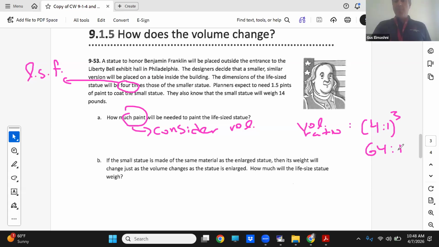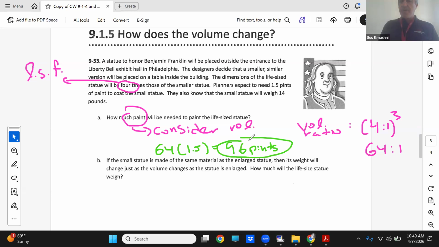So what do you do? What are you going to compute? 64 times 1.5, which should be 96. So you need so much more paint compared to the small statue because all the dimensions are increasing fourfold, by 4 times.